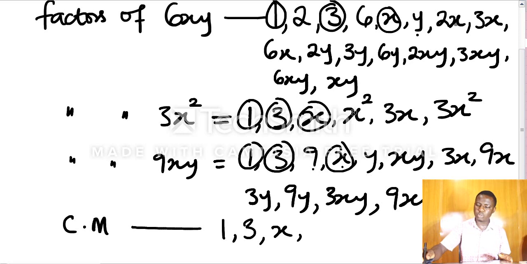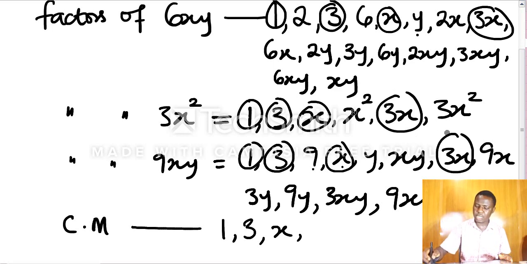2x, is 2x common? 2x is here, no 2x, no 2x. 3x, we have 3x, 3x, and 3x. So 3x is also said to be a common factor. What else? This is how you keep testing each of them to know if they are actually factors of the numbers. What else is common? 6x is not common.